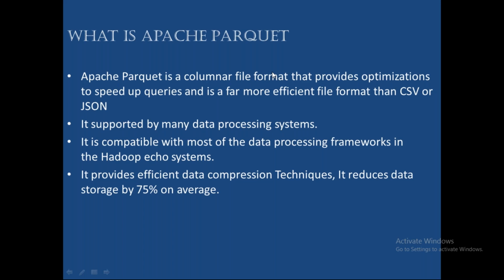One of the default compression techniques is snappy compression. By using that, it reduces the data storage by up to 75% on average. Meaning, let's say you have a 10 GB file in CSV. If you convert it into Parquet, it will be 2.5 GB or 2 GB. It's more than 75% reduction in terms of data storage.